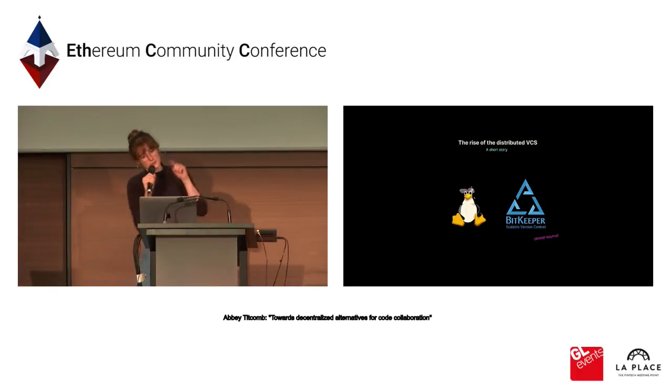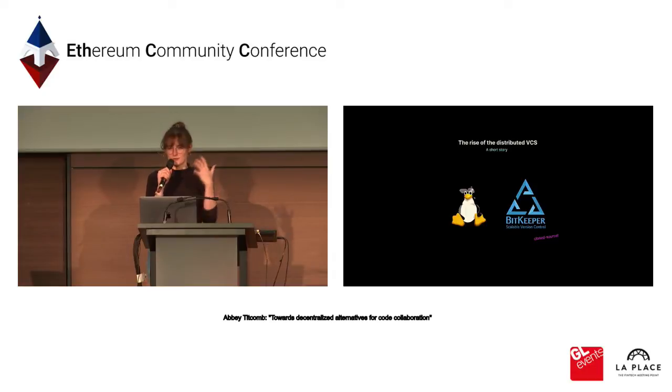To back this up, I have a short story. We all know Linus, the father of the Linux kernel. Linus was developing the Linux kernel on a distributed version control system called BitKeeper. BitKeeper was free for open source projects, but closed source. Linus was using it because it best served the really distributed, nebulous development process of the Linux kernel.